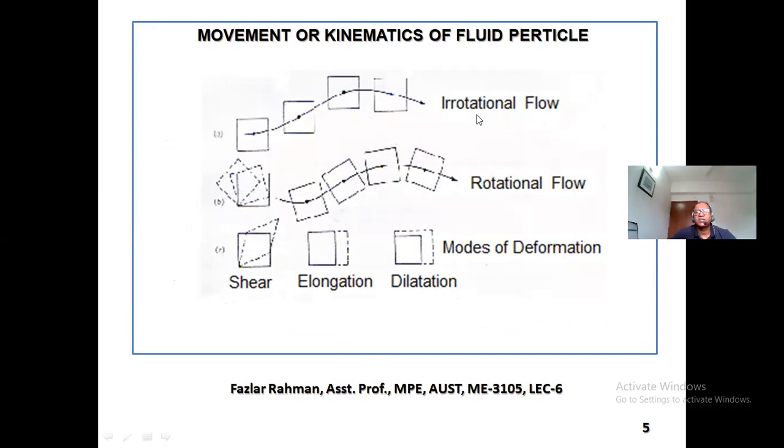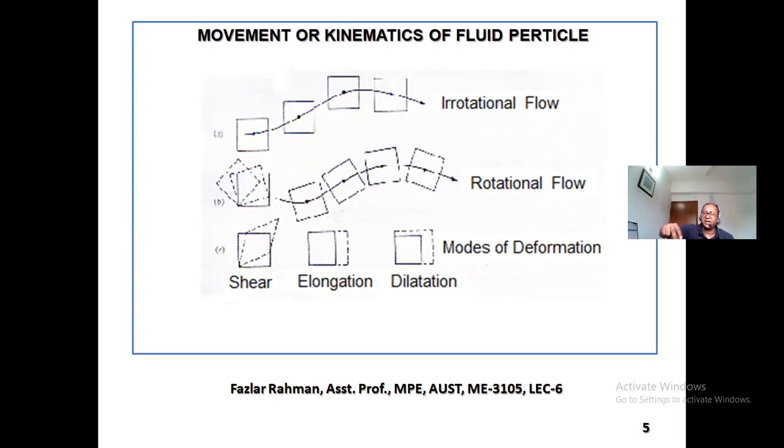This one more point I added over here. This is called shear deformation. This is elongation. This is called dilatation. That means you see, like a dilatation, a rain drop coming through the air hits the ground, then what will happen?